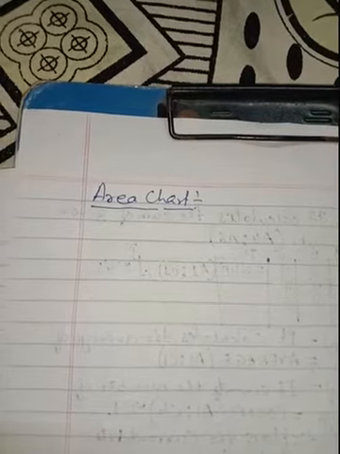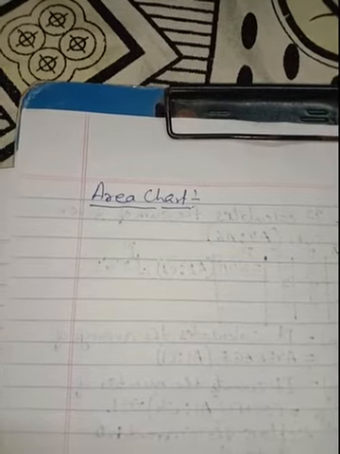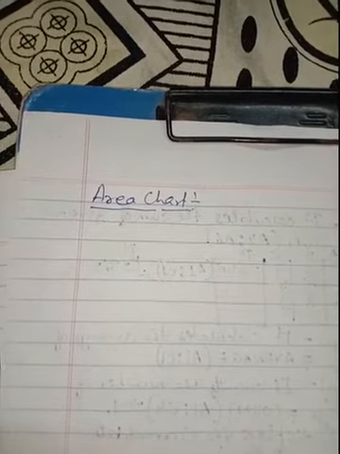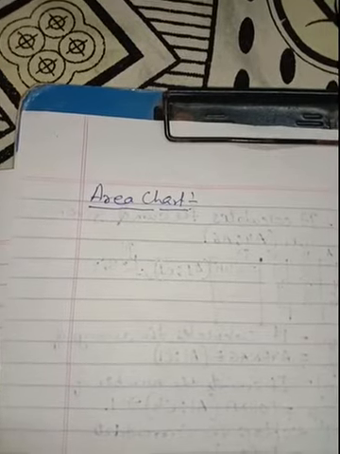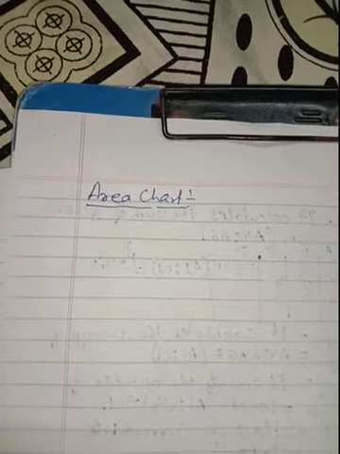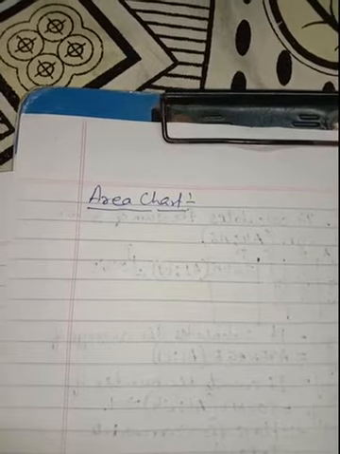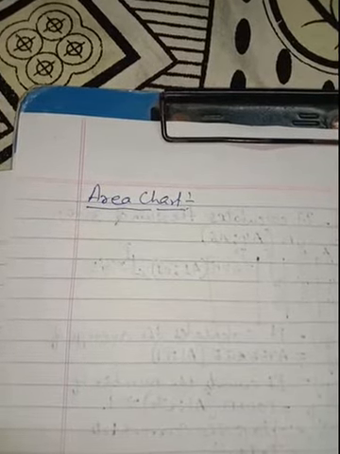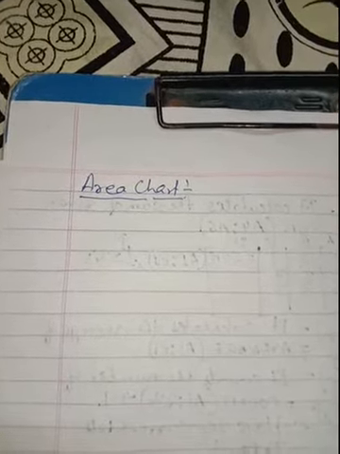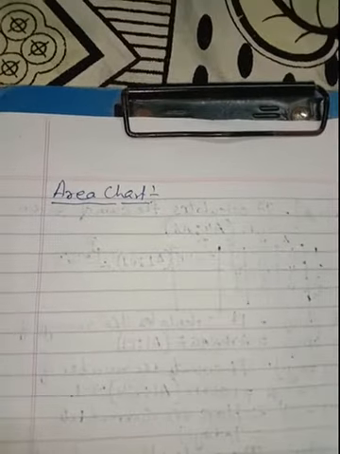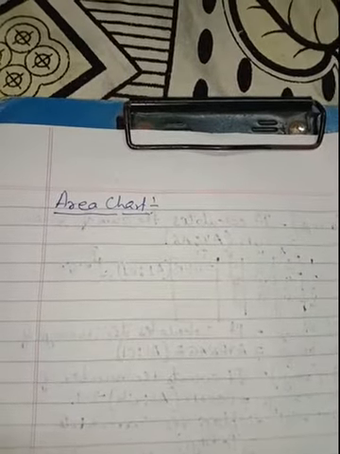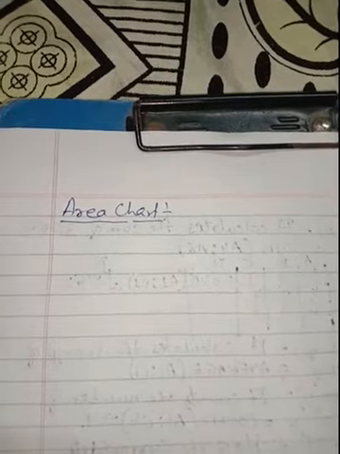It is the same as the line chart. So what is the difference between the line chart and the area chart? The difference is that the point markers are not displayed, and the area under the lines is filled with different colors in the area chart.